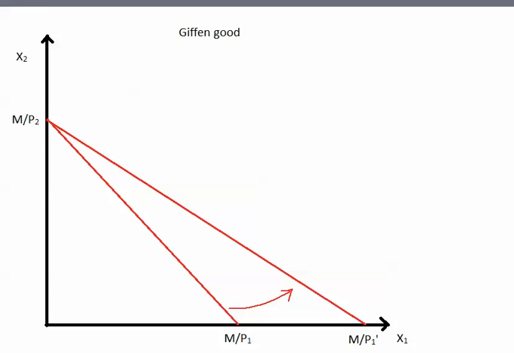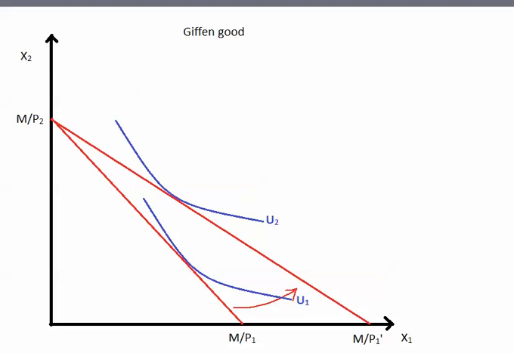So a Giffen good exists when a consumer has a very particular set of preferences so that their indifference curves fan up to the northwest instead of fanning out to the northeast. Note that the indifference curves still need to be convex and they still can't intersect, but that they're fanning up in a very particular way so that the income effect is going to be very large.